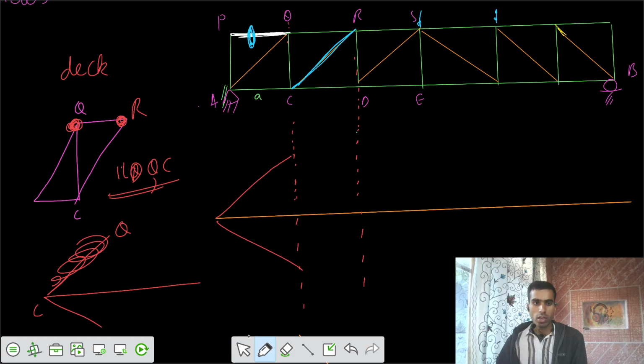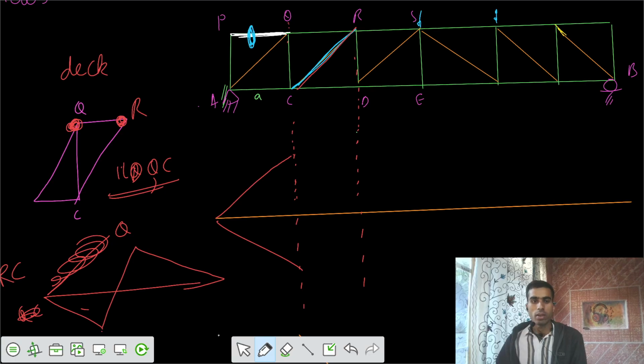Sorry, this was not QC, this was the diagonal. I was talking about diagonal RC. This was for the RC.